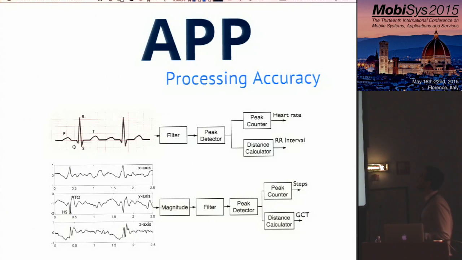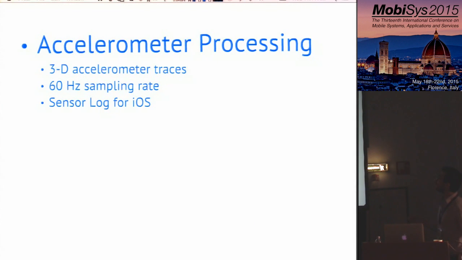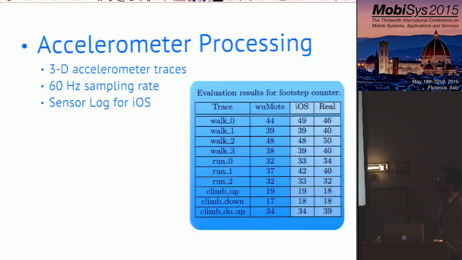Finally, at the application layer, we test our system in terms of processing accuracy. So we try to understand how good our ViewMode is at doing the measurements. For example, here I'm showing the accelerometer processing. We recorded 3D accelerometer traces using an iOS application called SensorLog. We test different scenarios: walking, running, and climbing up and down the stairs.